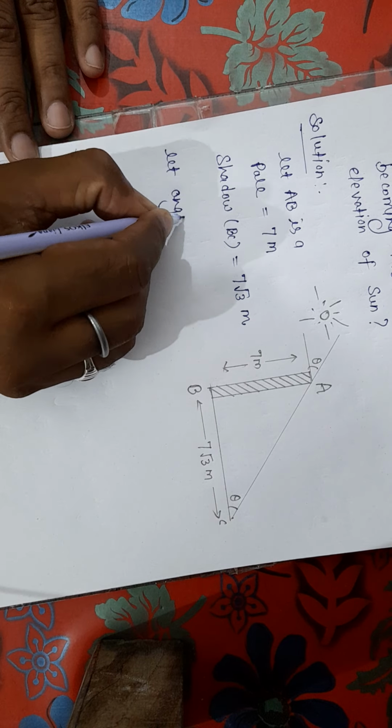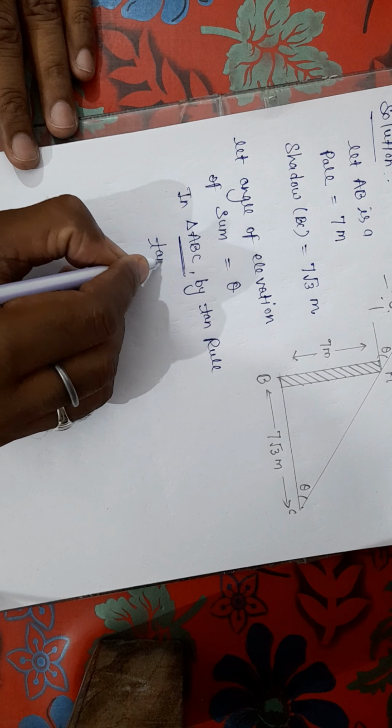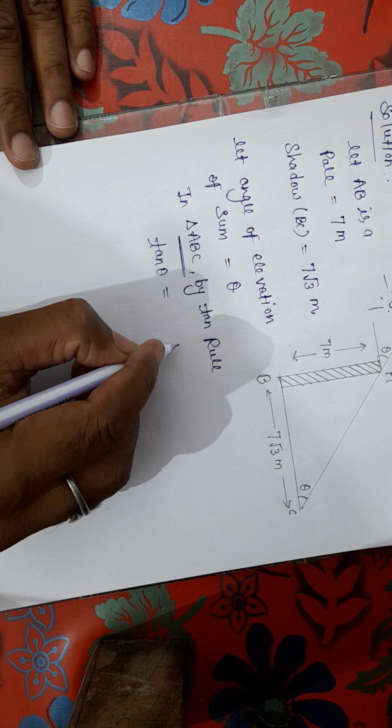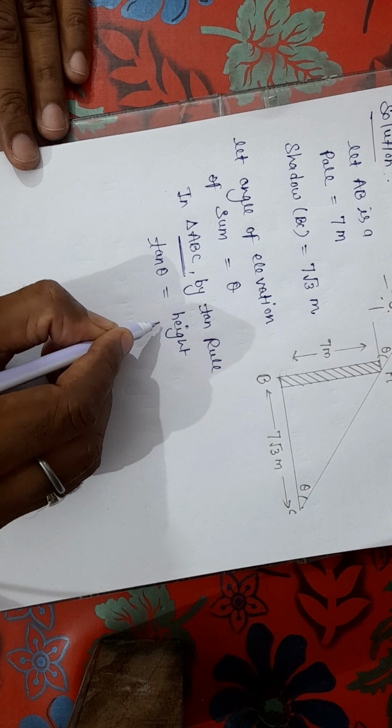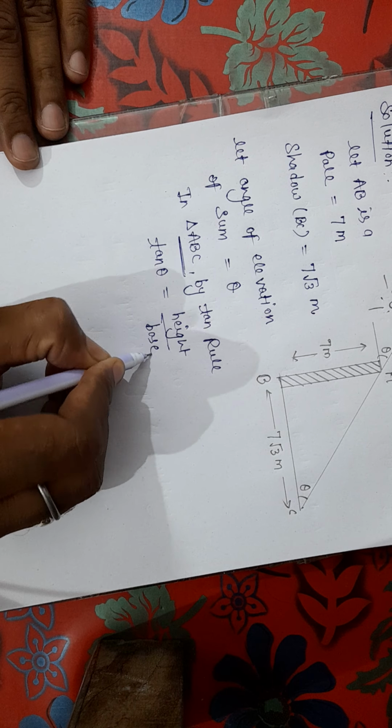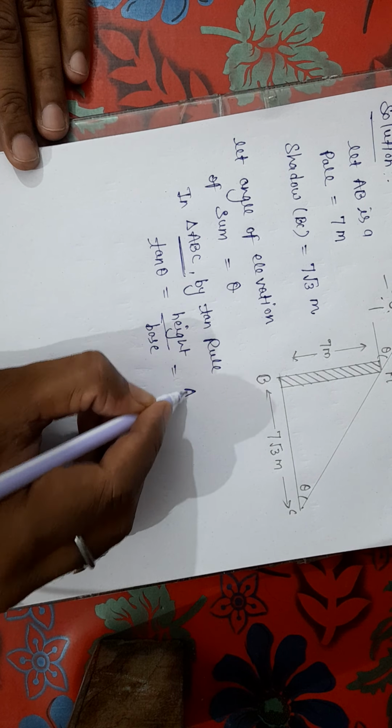So in triangle ABC, by which rule? By tan rule, we will apply the tan rule. So tan theta equals height upon base. In the triangle, height is AB and base is BC.